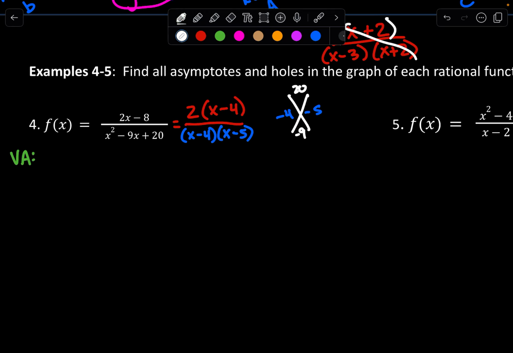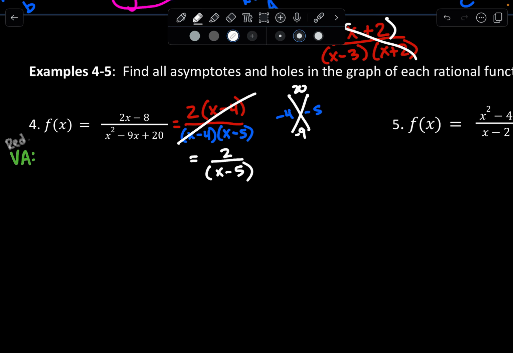So when we factor these, this cancels out, and what you're left with is 2 over x minus 5. So for this one, you're going to want to use the reduced version, okay? So what we would do is we would say, okay, x minus 5, set it equal to 0. We have a vertical asymptote at x equals 5.